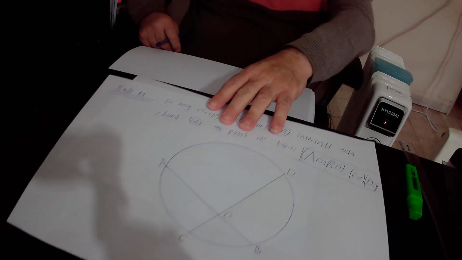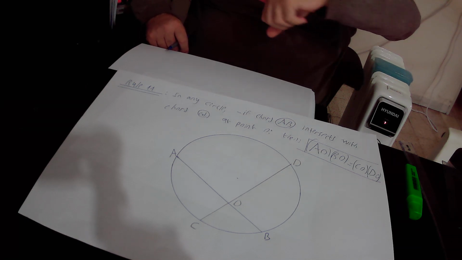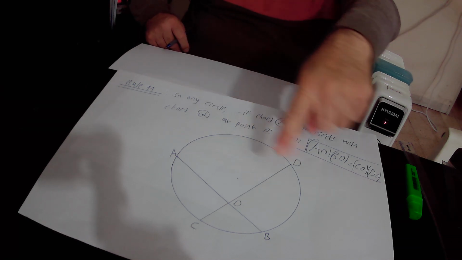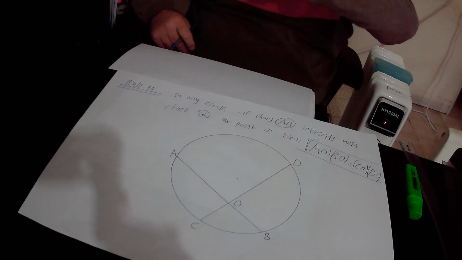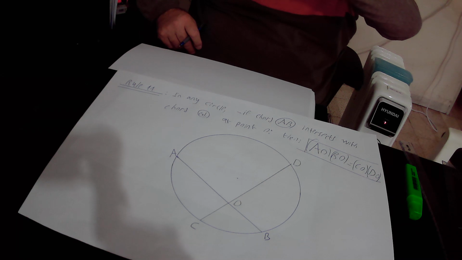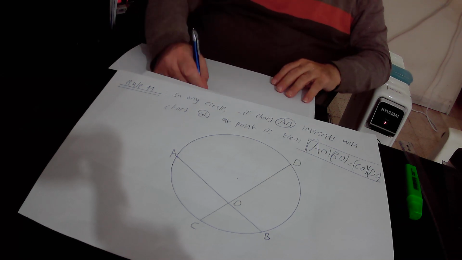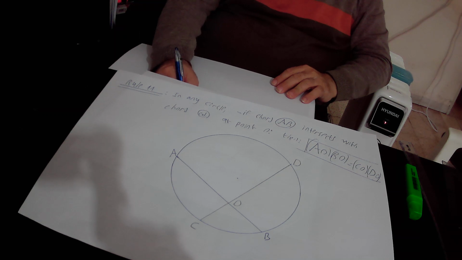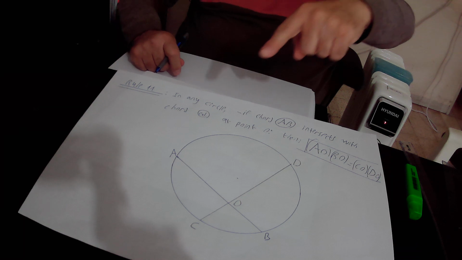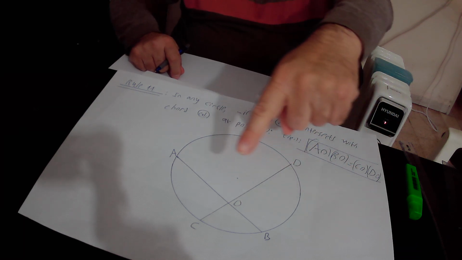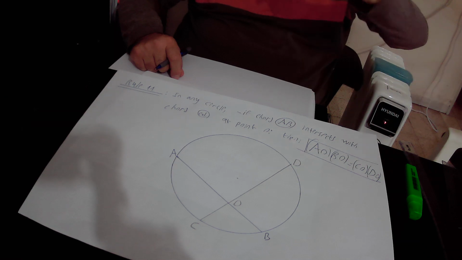So here inside this circle, we have two chords that intersect with each other. That is to say, chord AB intersects with chord CD at point O. Point O is the intersection point between the two chords. So whenever you have in a circle two chords that intersect with each other, then the following equation will be true: AO times OB equals CO times OD.